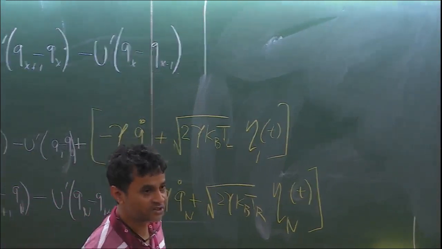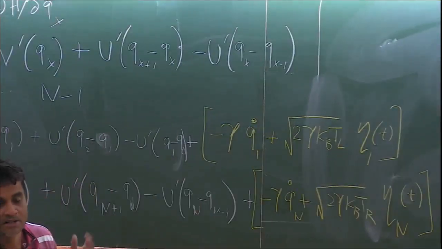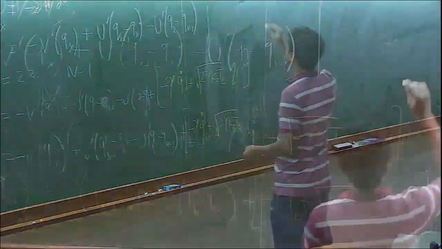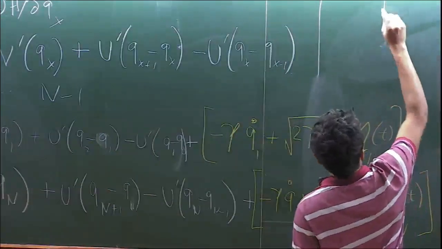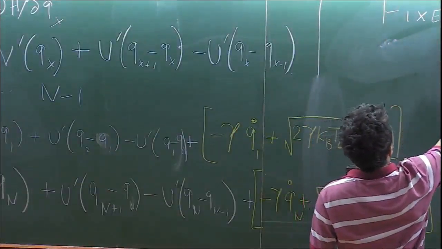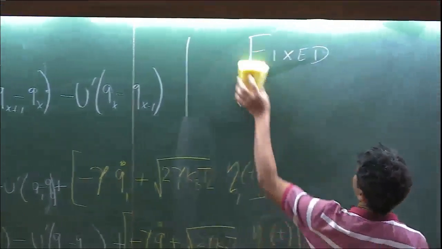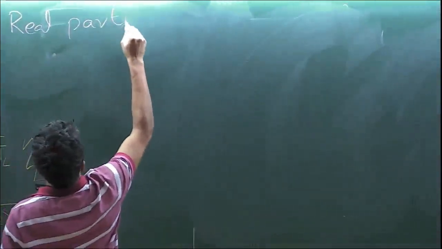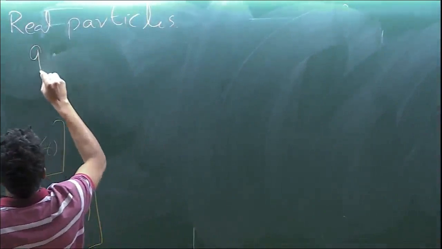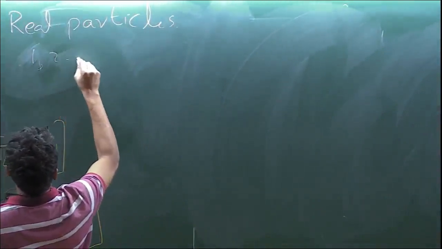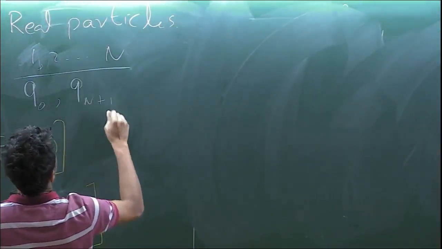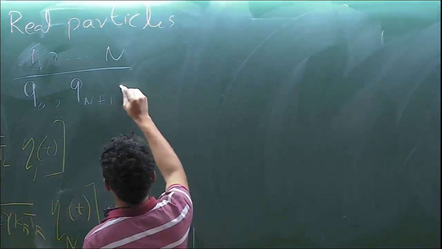This is something about boundary conditions. The particles are 1 to n, but Q0 and Q n plus 1 I just introduced to put in boundary conditions, what are known as fixed boundary conditions. These boundary conditions are kind of important here.